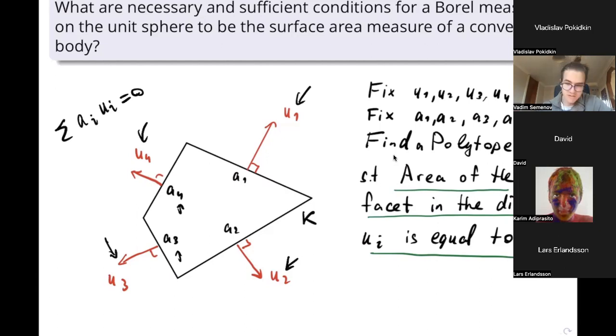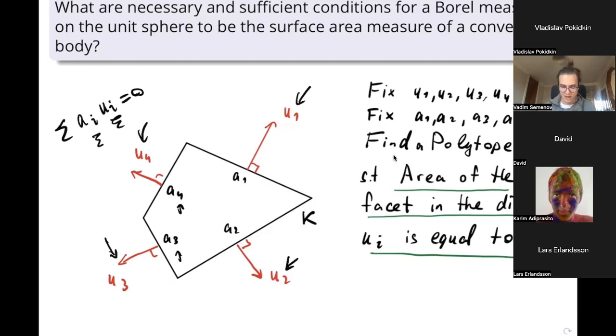It turns out that if you start with these vectors and numbers satisfying this, there also exists a polytope which realizes this structure. So the Minkowski problem is an existence question. We are given vectors and numbers. Does there exist a polytope such that each facet is perpendicular to a given vector, and the size of this facet is the given number?